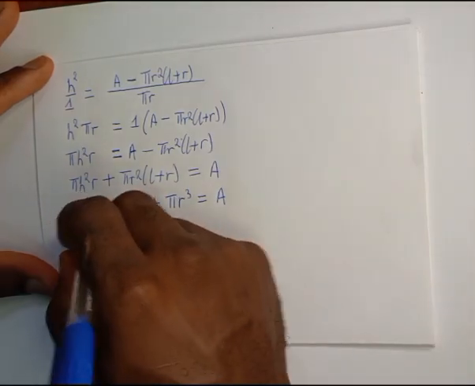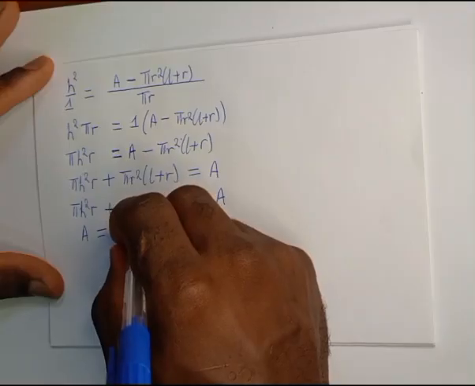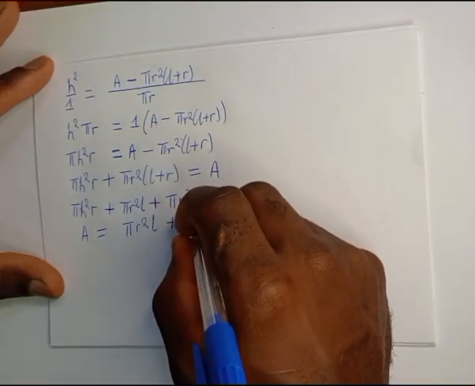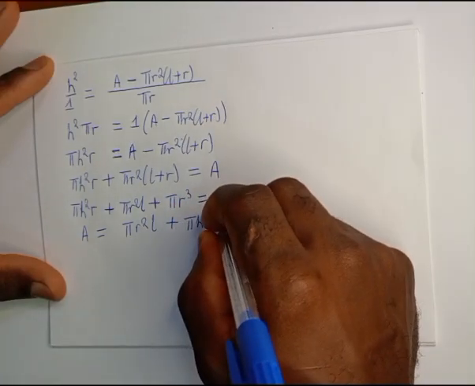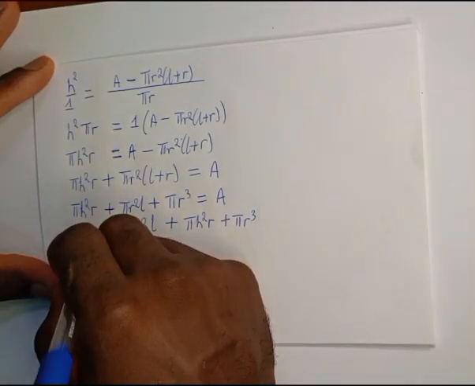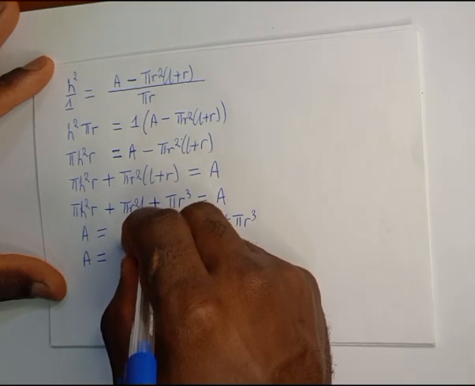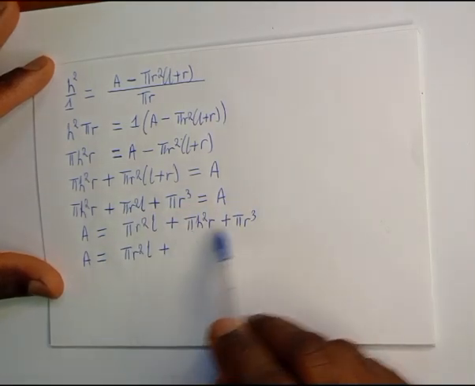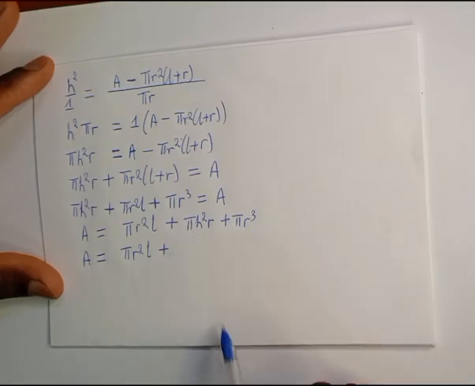This is the same as saying A is equal to pi r squared L plus pi h squared r plus pi r cube. This will give us A to be equal to pi r squared L plus, for the second term and the third term, we can factor out pi r.